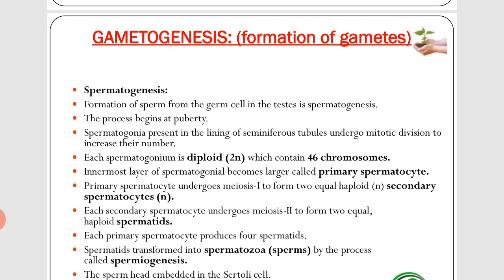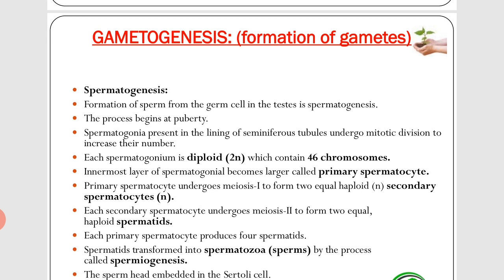Only a few of them will grow and they will be called primary spermatocytes. Now these primary spermatocytes will undergo meiosis 1 to form two equal haploid cells, and those are called secondary spermatocytes.